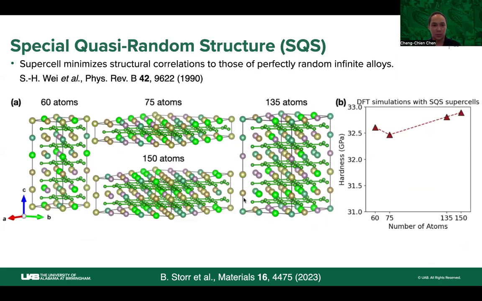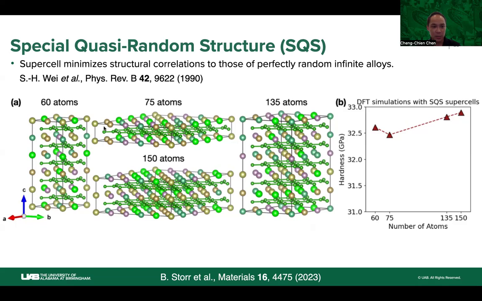In that case, we need to use different methods, based on special quasi-random structures, SQS. These are big supercells that try to mimic an infinite random alloy. It's important here to check SQS supercells of different size and geometry to make sure your results are converged. In this paper, again in collaboration with Professor Ketteridge's group, we computed the hardness value for different SQS supercells.